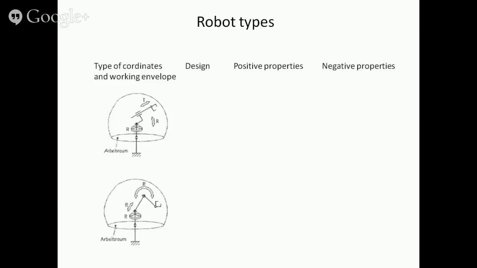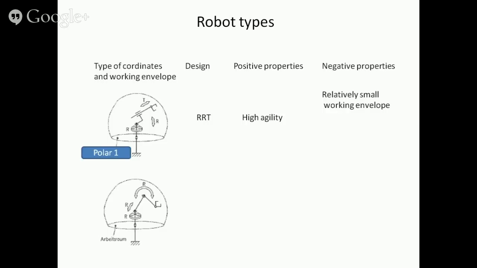The Polar Type 1, excuse me, has two R axes and one T axis. It's therefore called RRT. High agility is positive, and negative is a relatively small working envelope.